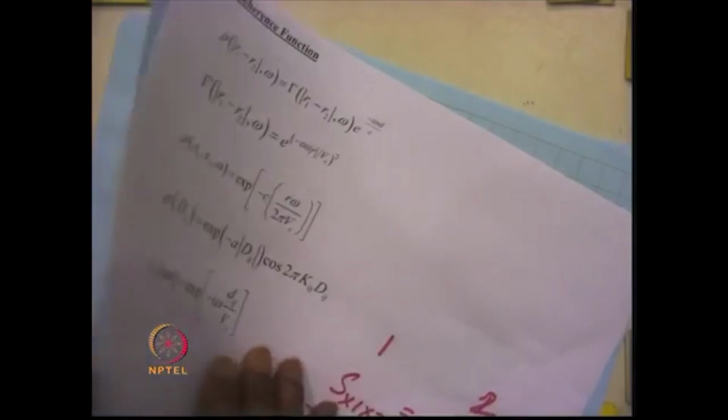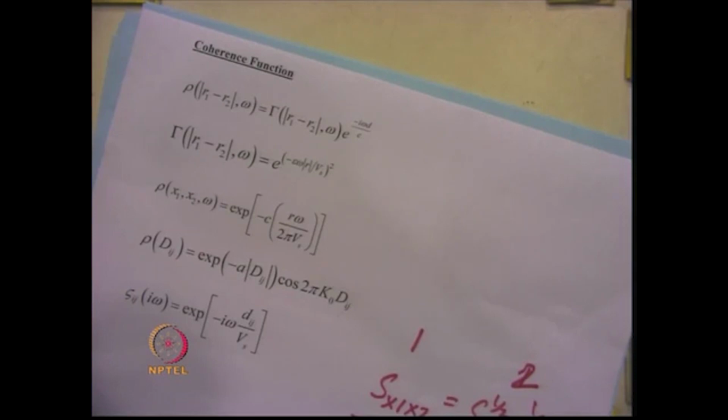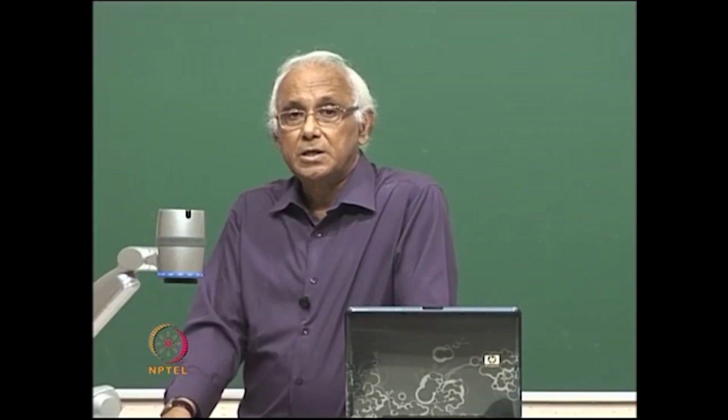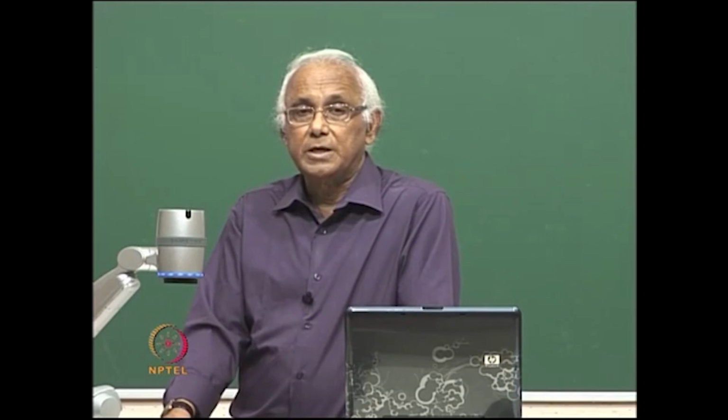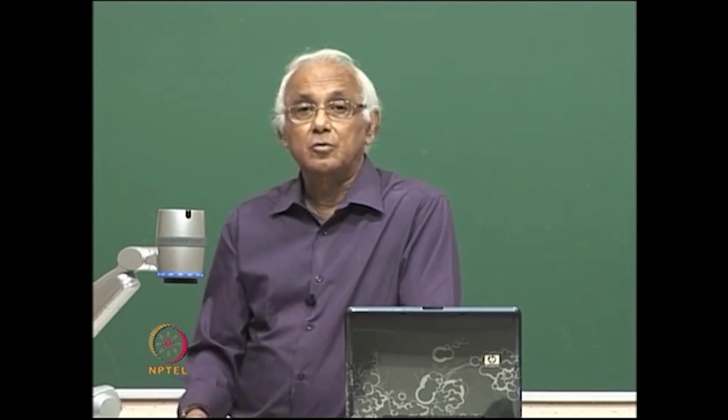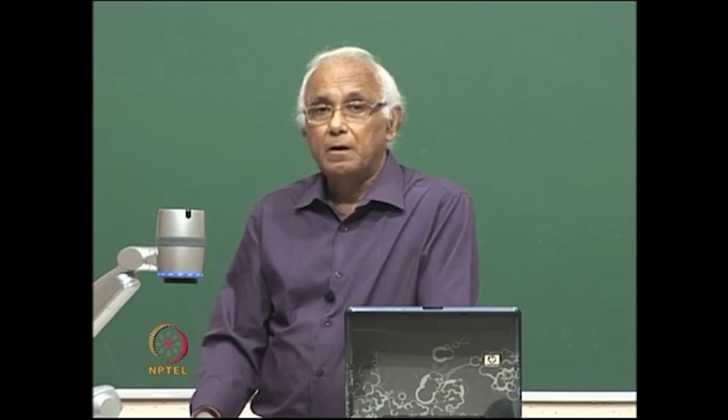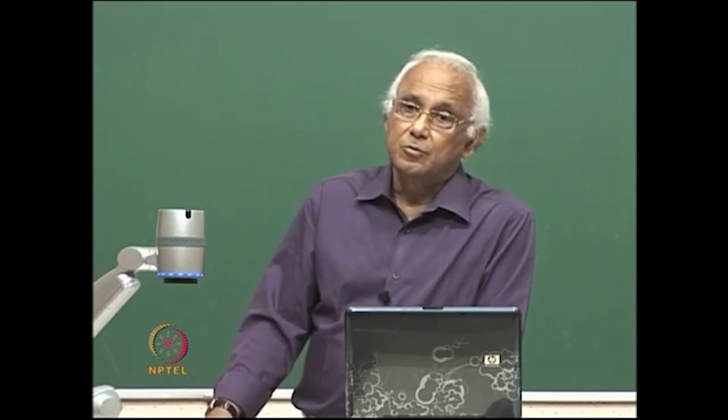Then we have a number of expressions for the modulating function that we talked of in the previous lecture, that modulates a stationary process to a uniformly modulated non-stationary process, or we call it the uniformly modulated power spectral density function, which is also known as the evolutionary power spectral density function.